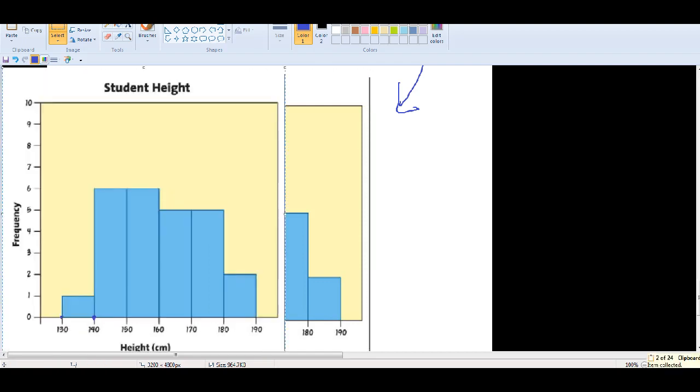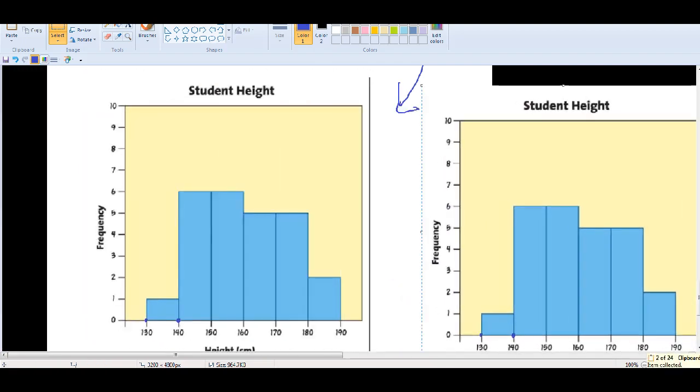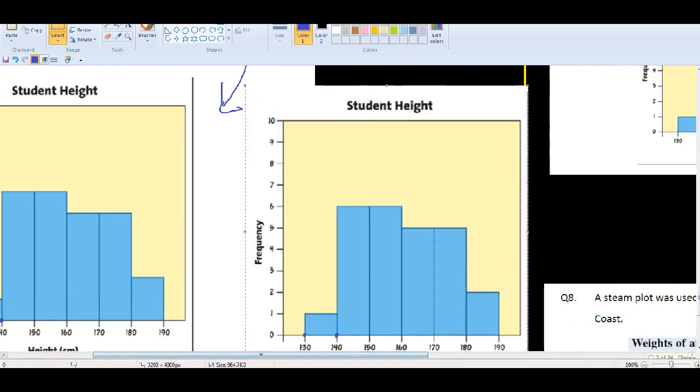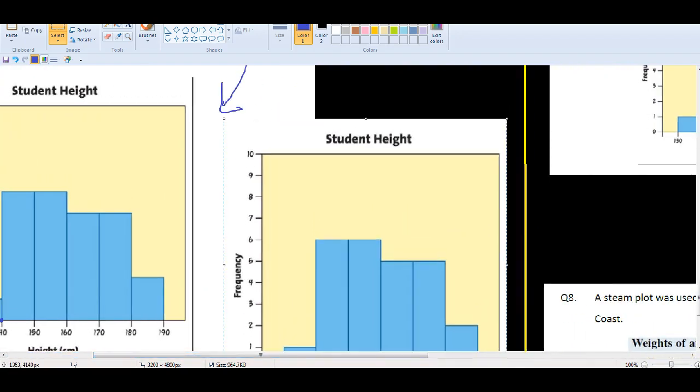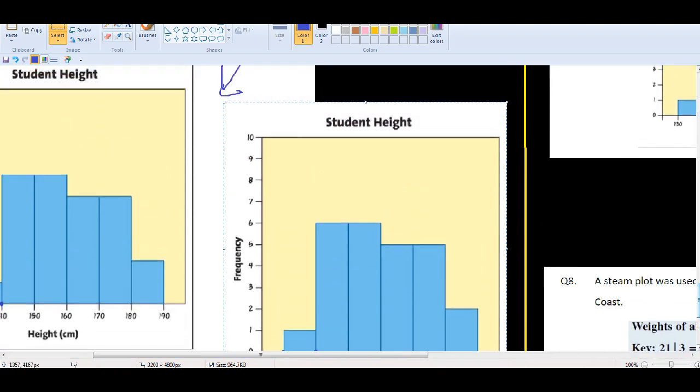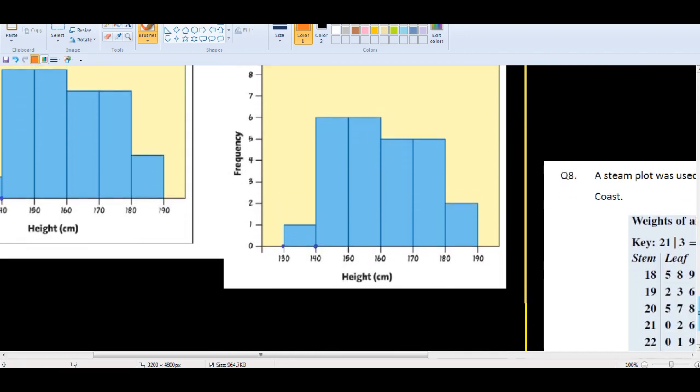So actually there's another way to represent the histogram. Let me show you. Alternatively, you might use this one. The only difference would be the way they indicate the values on the bar.